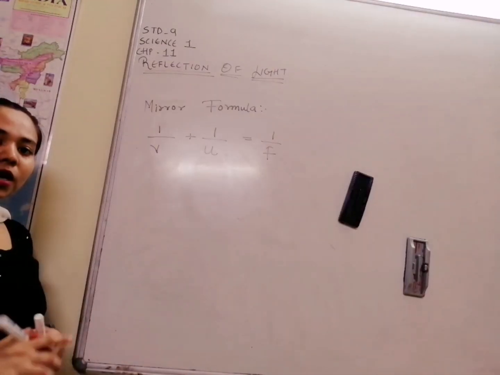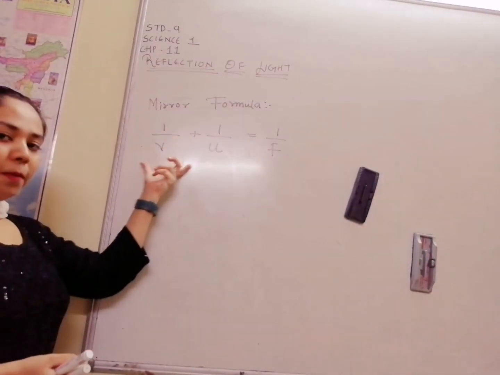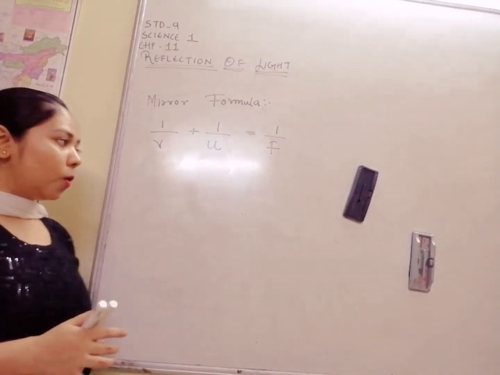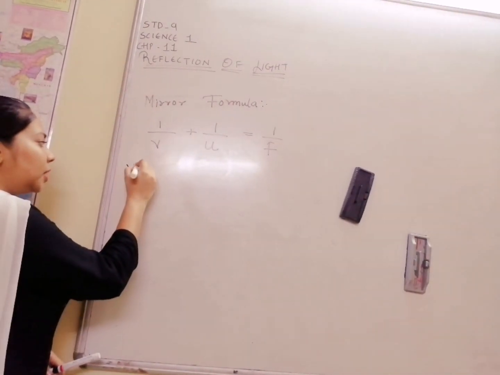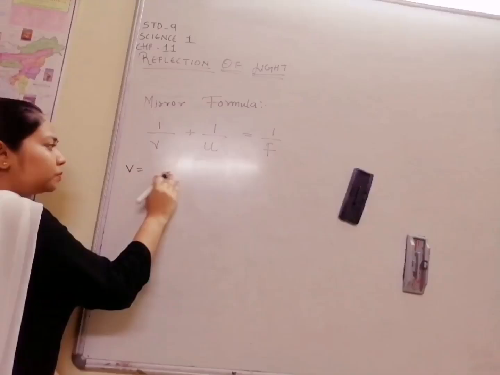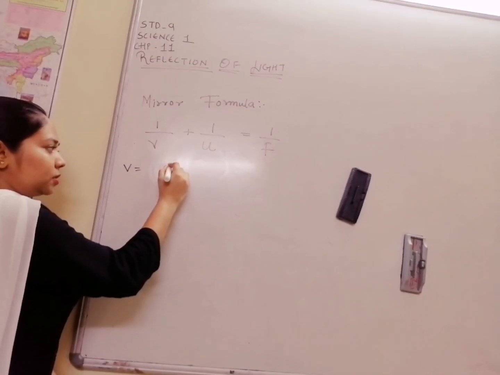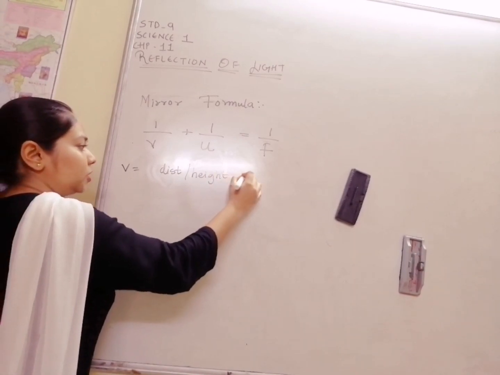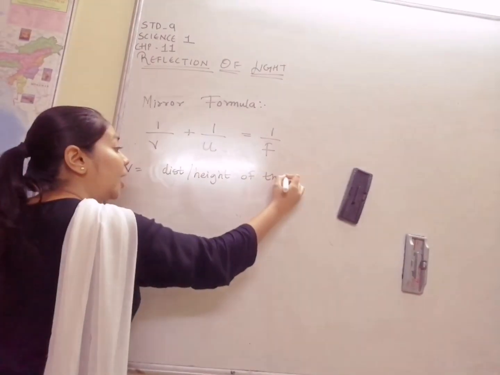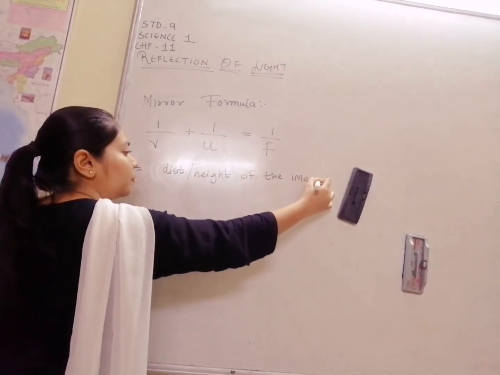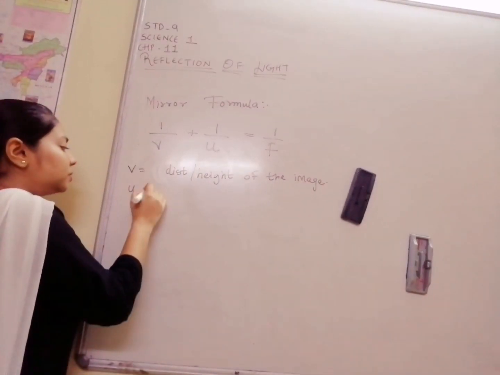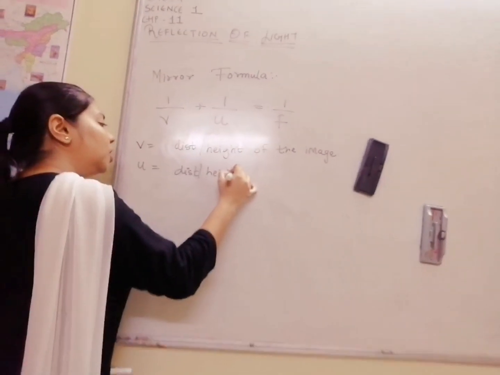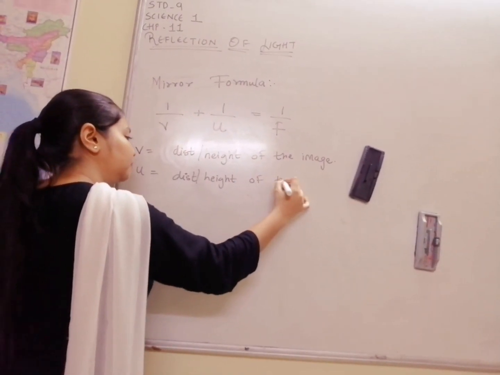Okay, simple. 1 upon v plus 1 upon u is equal to 1 upon f. Now what is v here? v is the distance, or you can say the height of the image, and u is the distance or height of the object.